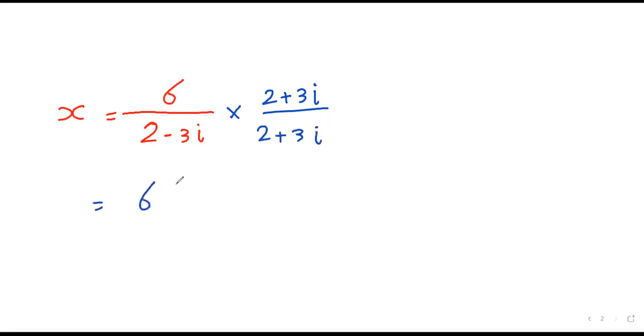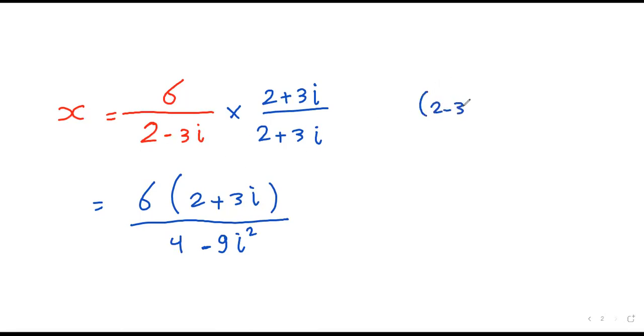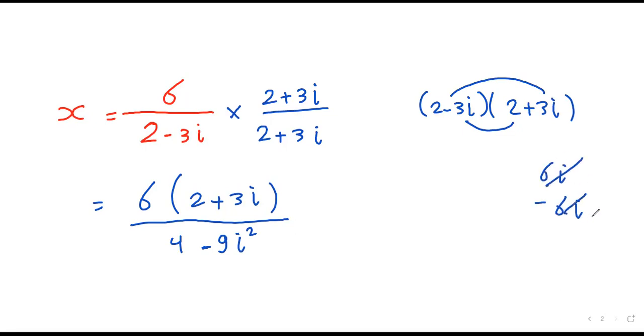So it will be 6 multiplied by 2 plus 3i, up and down. We'll multiply the first by the first, it's 4, and the second by the second, it will be negative 9i squared. And what about the extremes and the means? When multiplying the extremes and the means, it will be 6i and minus 6i, so they are going to be cancelled.